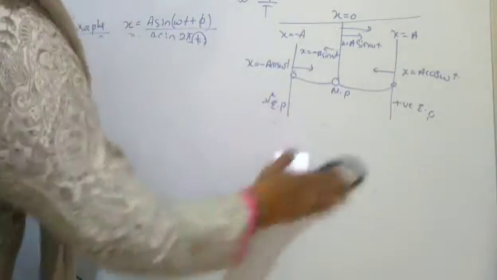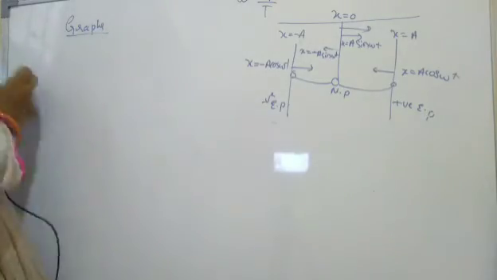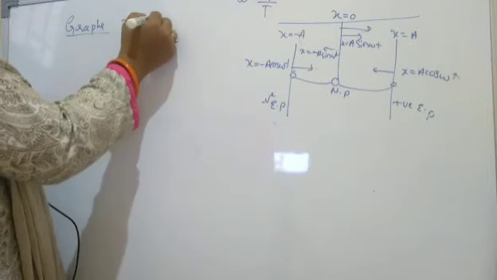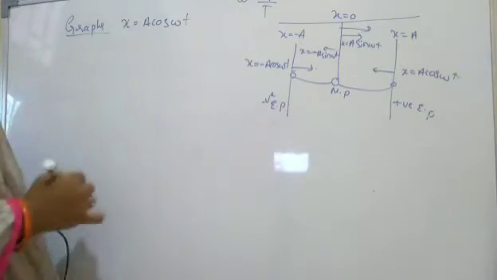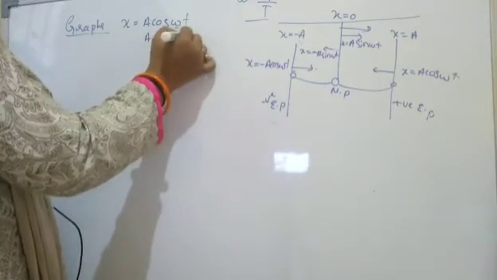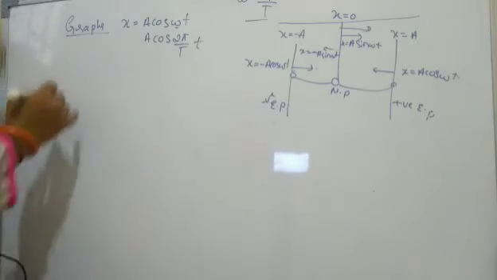So let me go ahead with that. We have the equation of a particle when it is moving from extreme position to mean position, that is x is equal to a cos omega t. Again, omega is what here? 2 pi by T into t. Right? These things you should remember here.